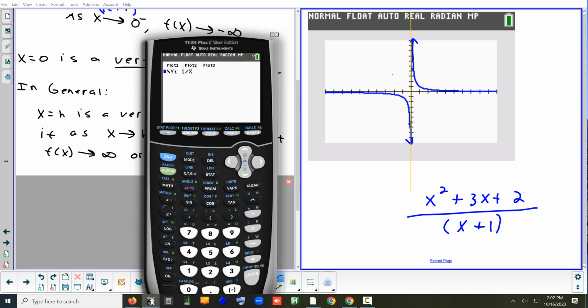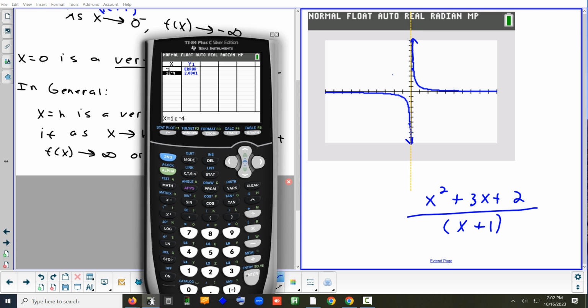Let's graph this. Let's type in x squared plus 3x plus 2 in parentheses, and then divide by x plus 1. So everybody agrees negative 1 cannot be plugged in, right? Okay. So let's go to table, and let's type in negative 1, and it says error, just like it did last time.